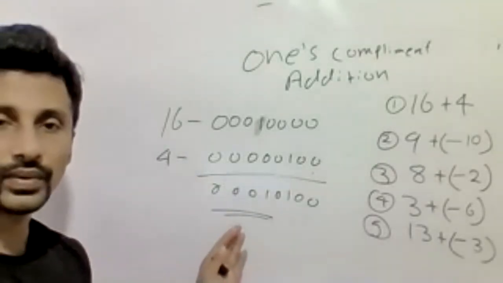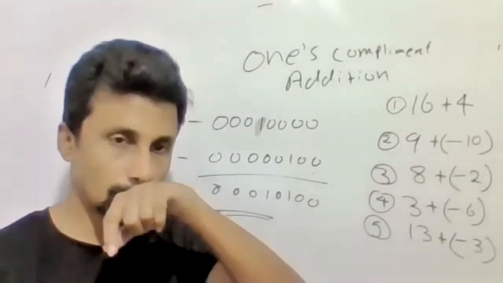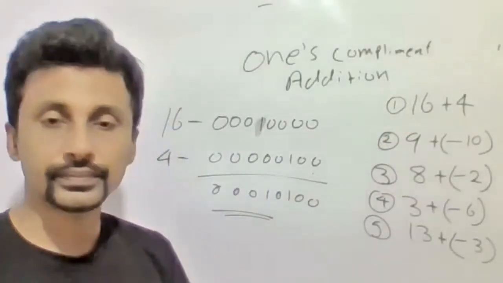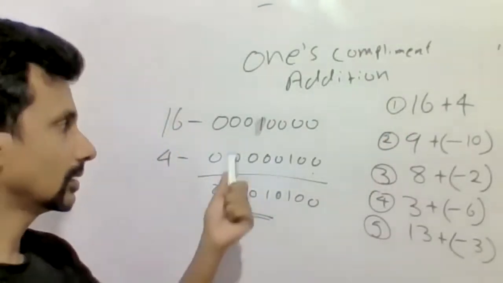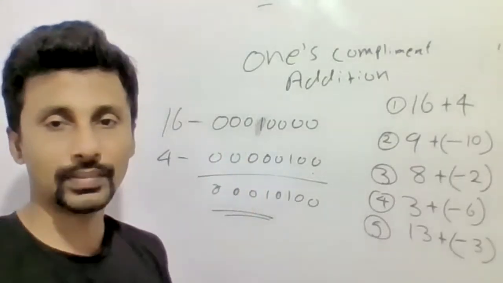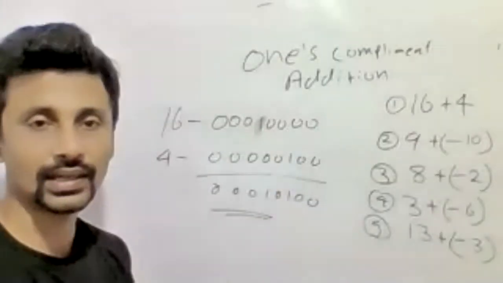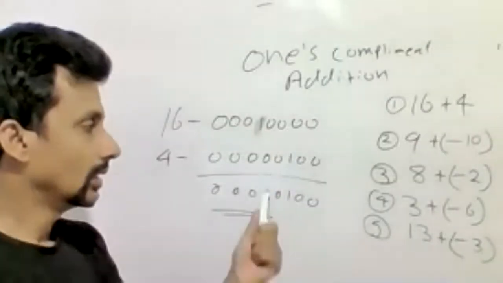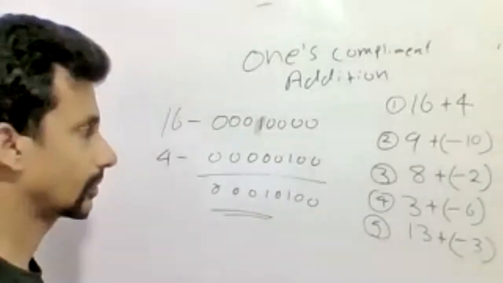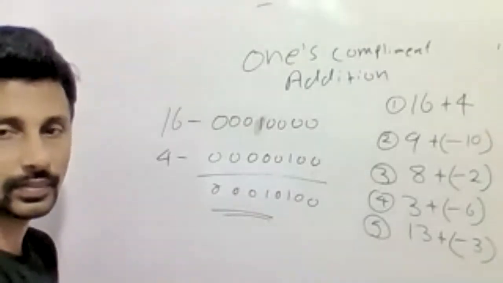This is a positive value, so you don't want to flip the bits. Just convert it to one's complement because it's a positive value. Then add them together, you get this. I think all of you have done it properly. Good.